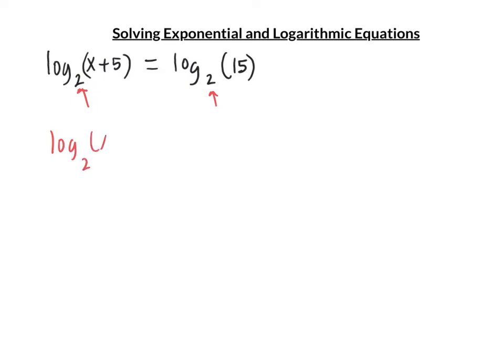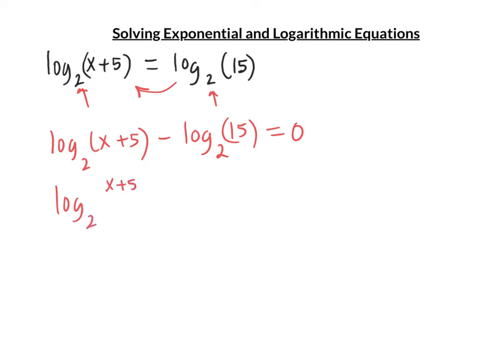There are probably a variety of ways you could solve this, but you could subtract the log base 2 of 15 from both sides, and then that would equal 0. Then you could use your log rules. When do you subtract your logs? Well, that's when you're dividing. This is the log base 2 of (x plus 5) over 15 equals 0.